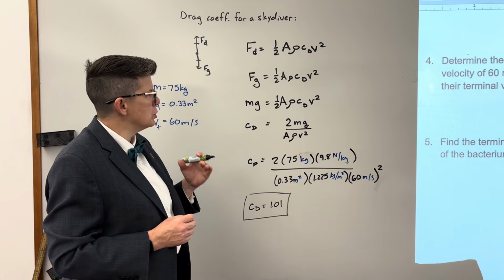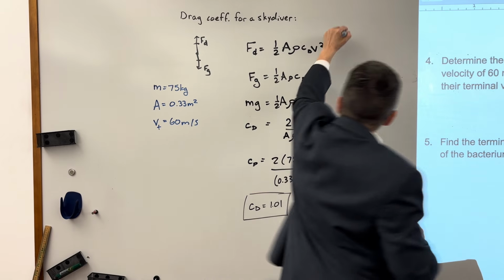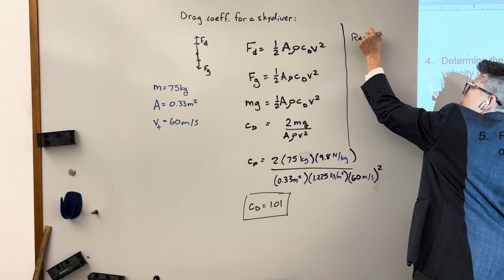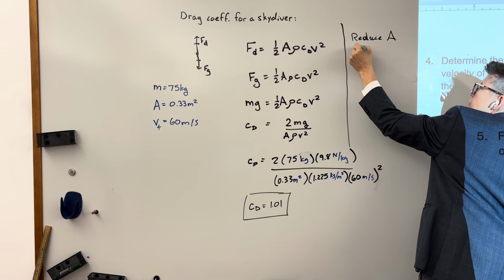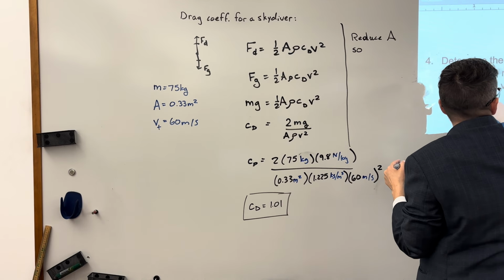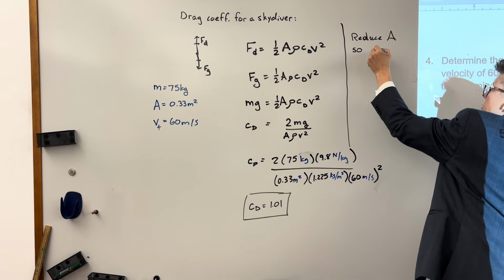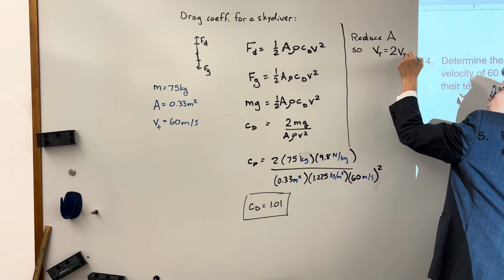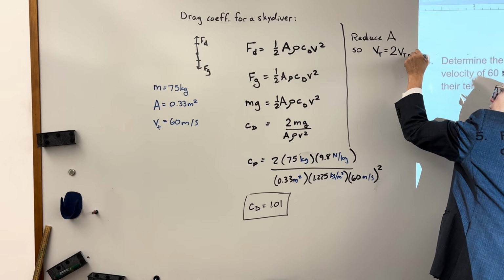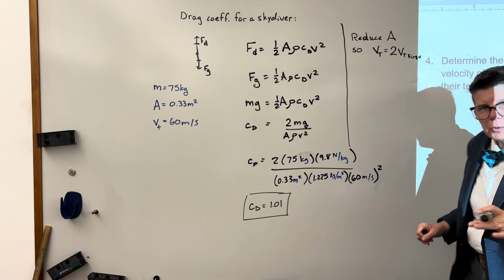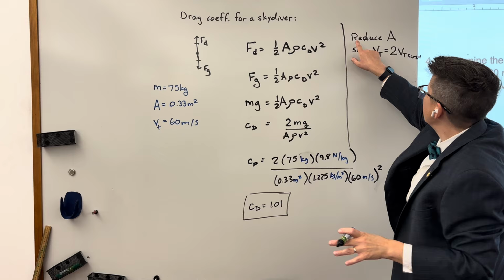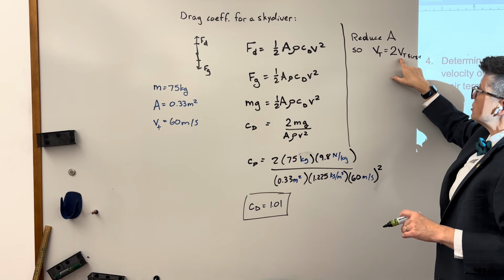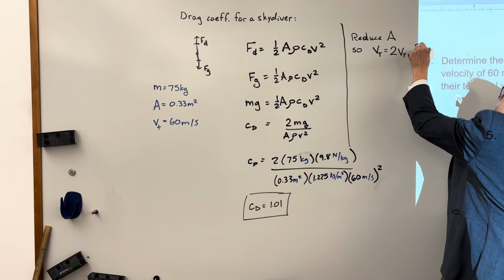How much do they need to reduce A so that the terminal velocity... this is written in a weird way, just shorthand so I can understand the problem. How much should they reduce their area so that their new terminal velocity is equal to double their original terminal velocity?